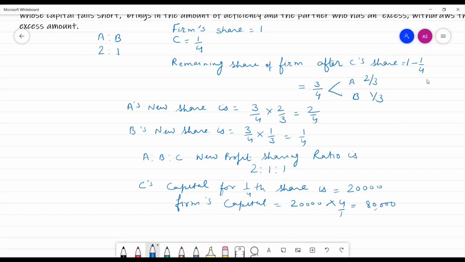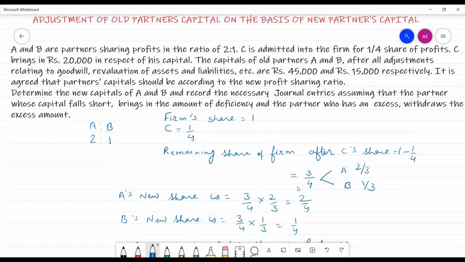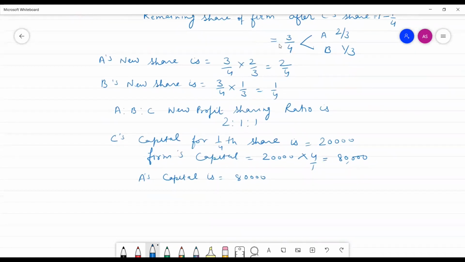A's new capital is 80,000 into 2/4, that is 40,000.